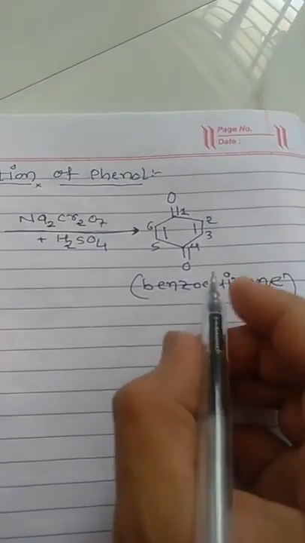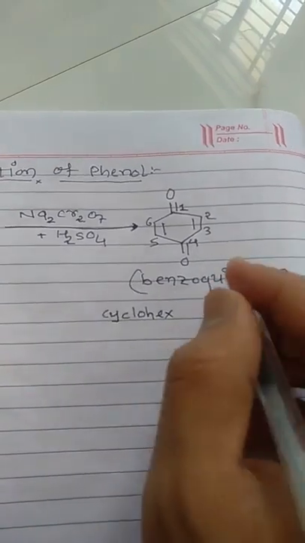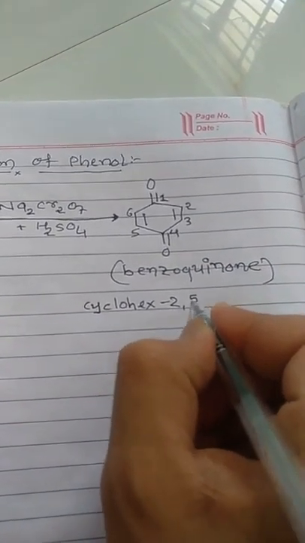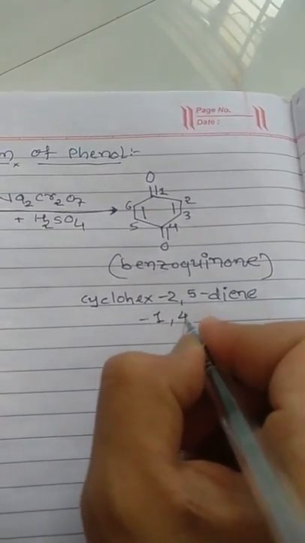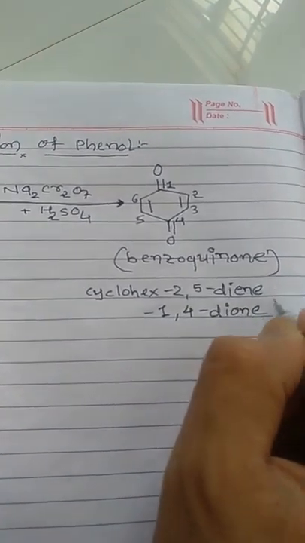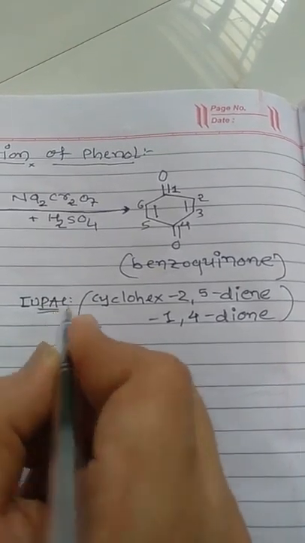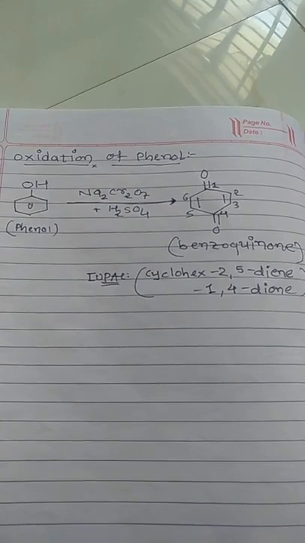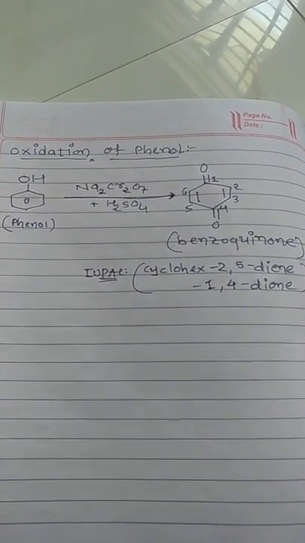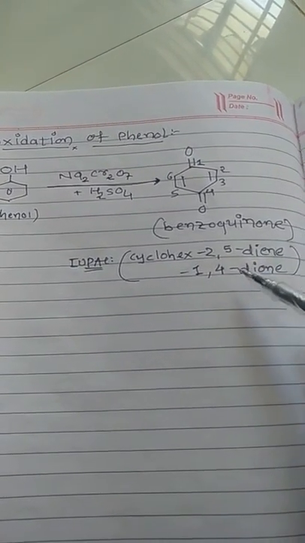So I will write cyclohex, 2 and 5 having double bonds, meaning diene, 1 and 4 having two ketone groups, meaning dione. So this is the IUPAC name of benzoquinone, cyclohexa-2,5-diene-1,4-dione. This question is asked in examinations in the form of an MCQ, that oxidation of phenol in the presence of a strong oxidizing agent will give which product. So either you are given the trivial name or the IUPAC name.